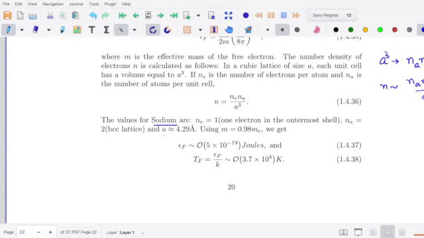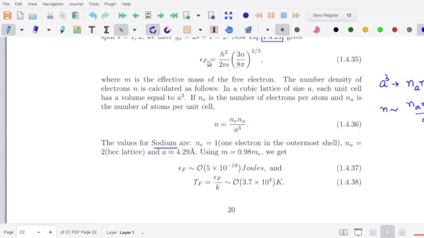And the lattice size is given by A approximately equal to 4.29 angstroms. Now using the effective mass of free electrons as 0.98 times Me, the mass of the electron, we can compute the Fermi energy from this formula, because we have got n and m, and that's all we need.